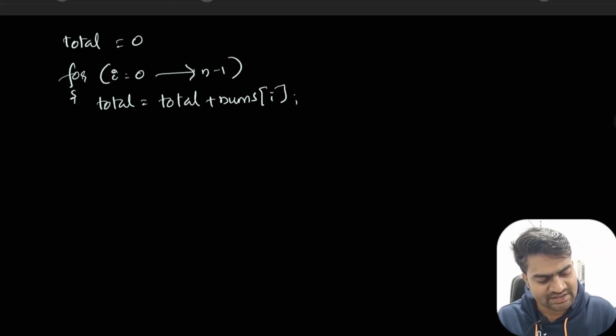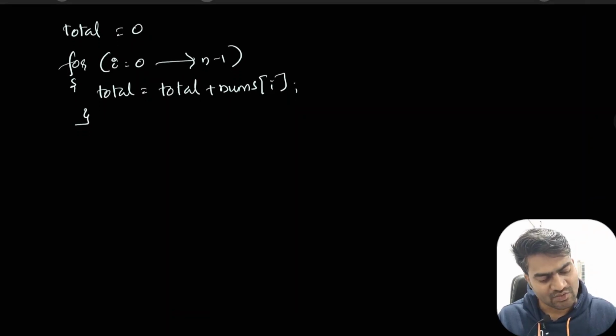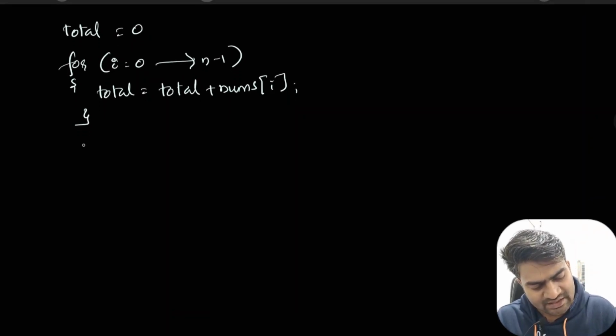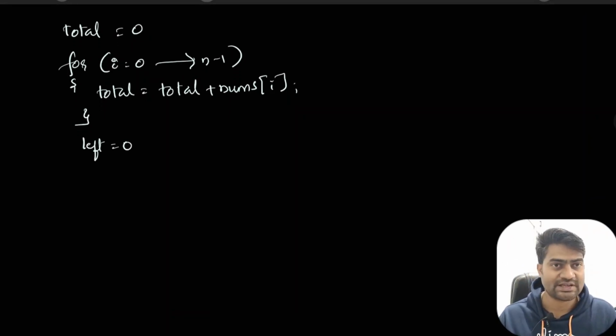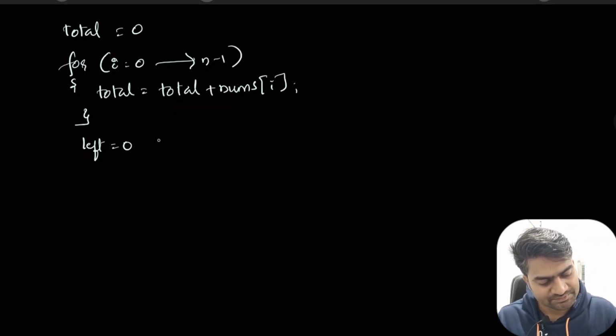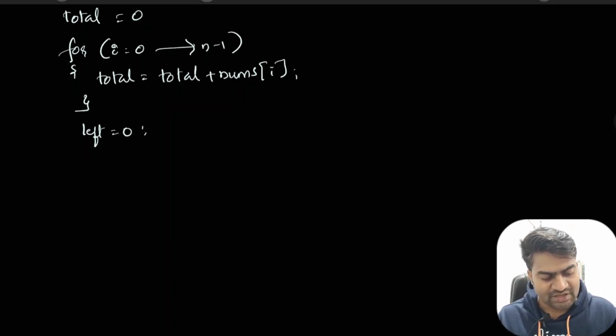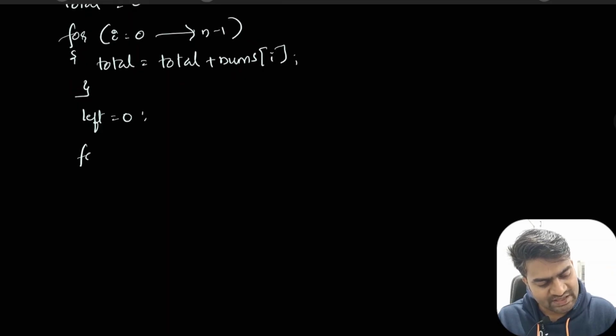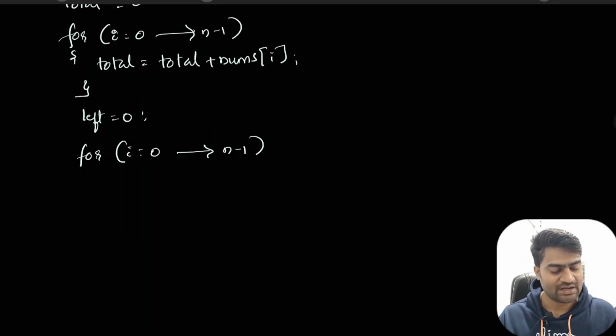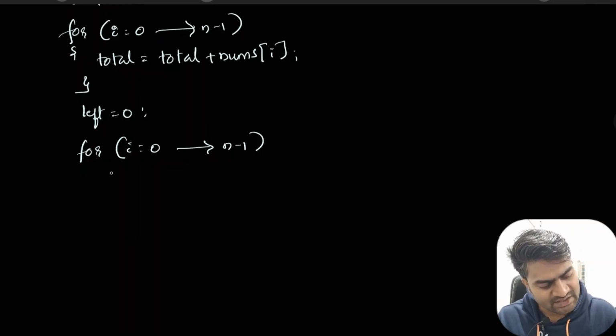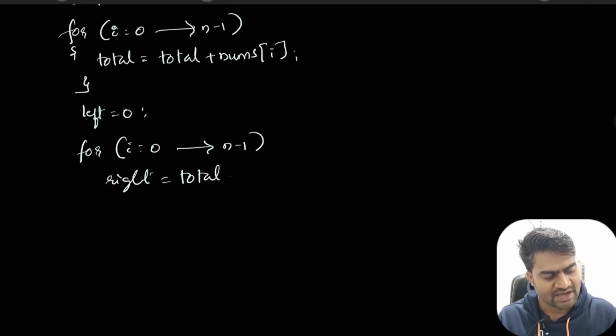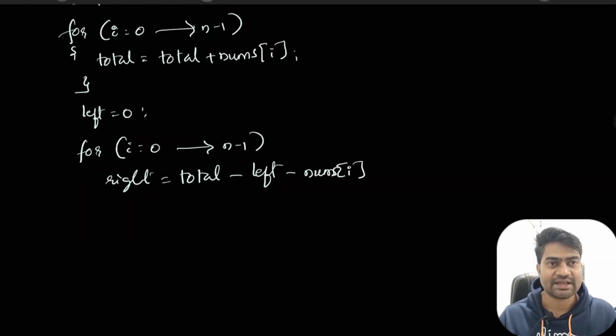Once this is done, then I will take left equal to 0 initially. Okay. Then what I will do, I will process the array for i equal to 0 till n minus 1. Now I will find right equal to total minus our left value minus our current value, nums of i.